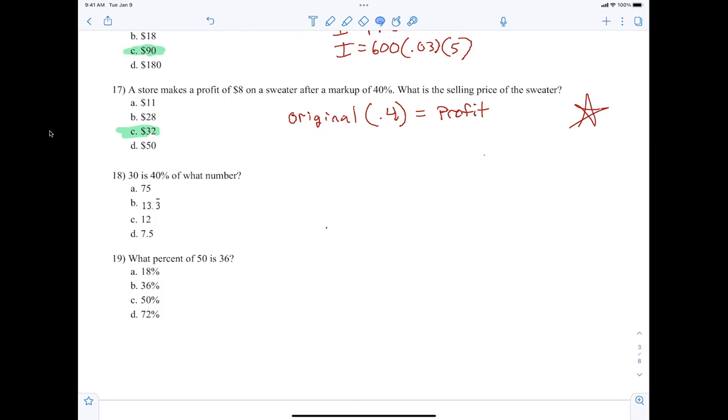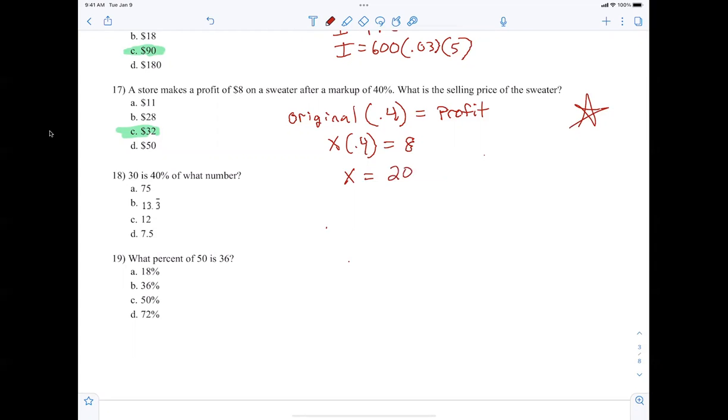So to solve this, it's X times 0.4 equals $8. So now solve that for me. X equals, help me, 8 divided by 0.4. 20.